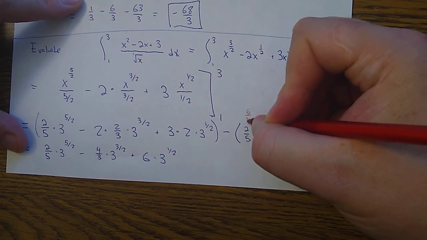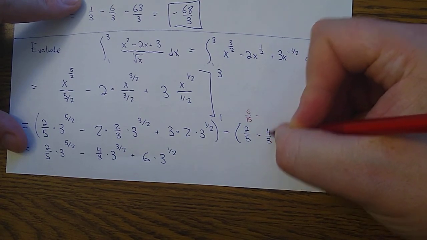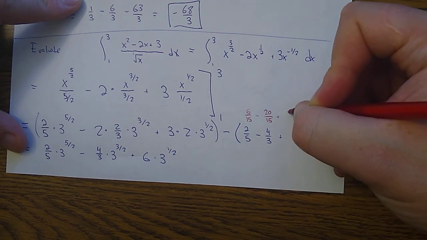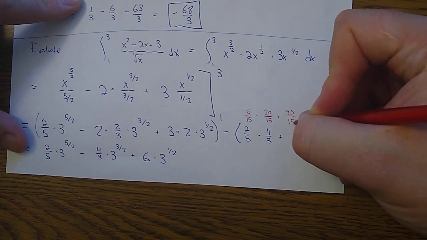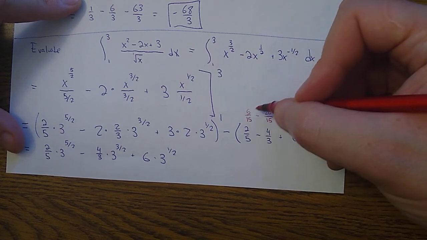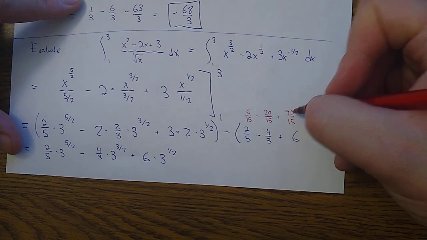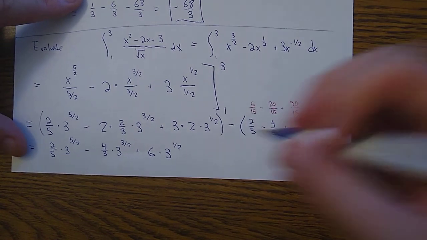So this would be 6/15 minus 20/15 plus 90/15. So 6 minus 20 is -14. So 76/15.